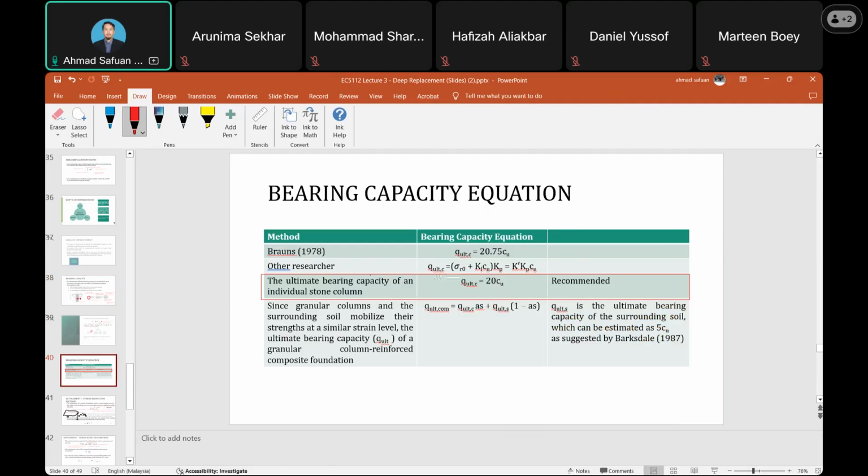Then we have a method where they use something similar to Brown, which is 20 Cu, for the ultimate capacity of an individual stone column.